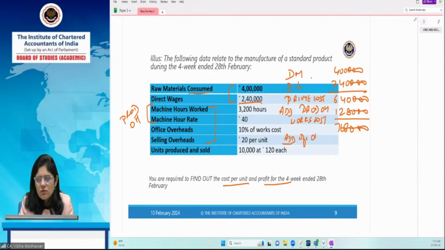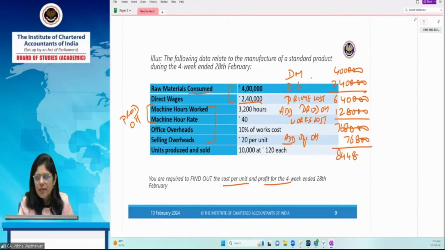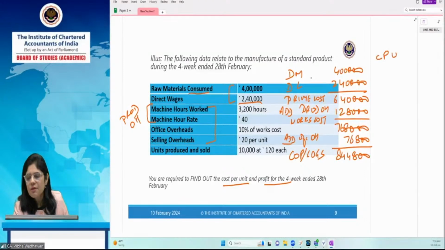Office overheads are 10% of works cost, so 76,800. It will be 8,44,800. So this is the cost of production or cost of goods sold, 8,44,800. Check the figures also. You have to calculate per unit. Side by side, please make a column for cost per unit.